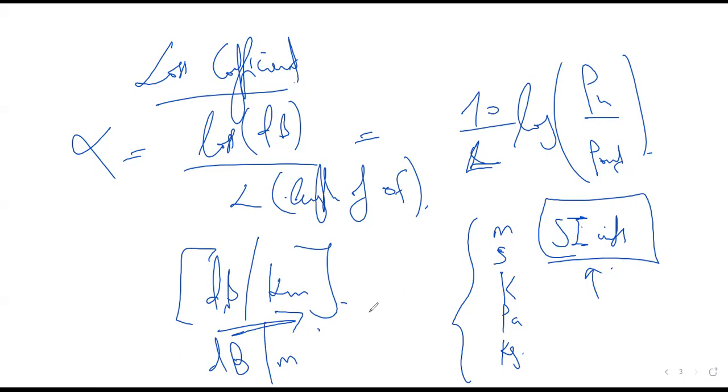But here we calculate in dB per kilometer. It's very important to use dB per kilometer, not dB per meter, as you will see in calculations of dispersions and intermodal dispersions. So this is the loss coefficient in dB per kilometer.